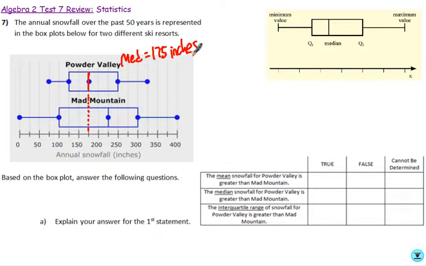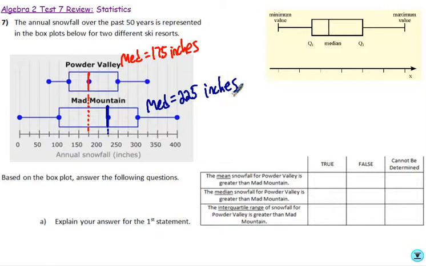So what's typical for Powder Valley versus what's typical for Mad Mountain? If we look at Mad Mountain, the median falls right in the middle of this box, and if we drop that down, it looks like it drops down to 225. So let's say the median here is equal to 225.